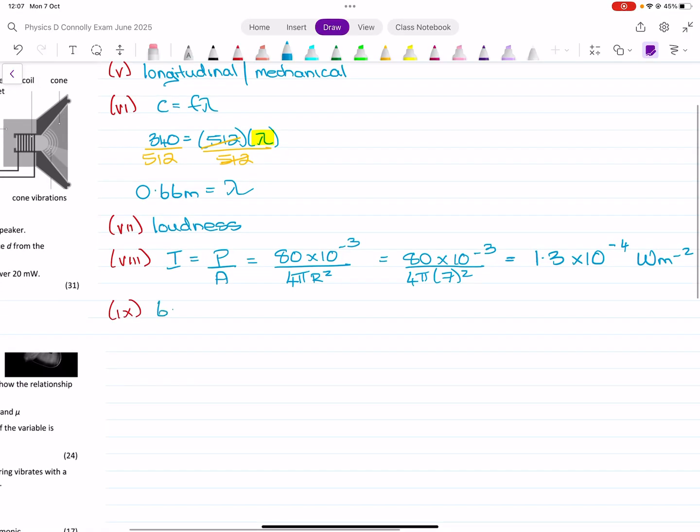So the sound intensity is now 6.5 by 10 to the minus 5. The power being emitted hasn't changed. And it's 4 pi, and I don't know, we call it d, the radius of the sphere. I don't know what that is.